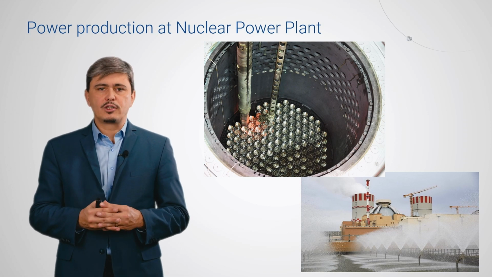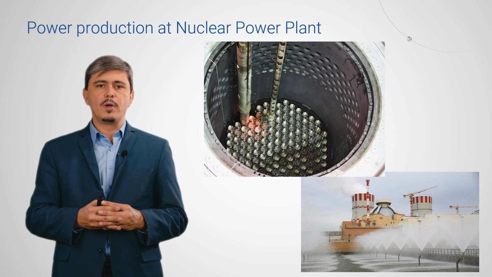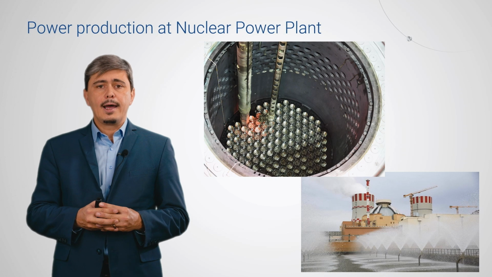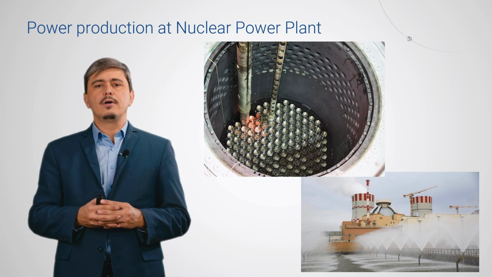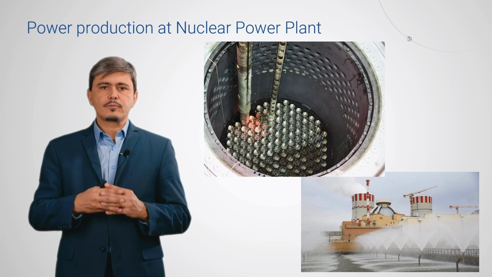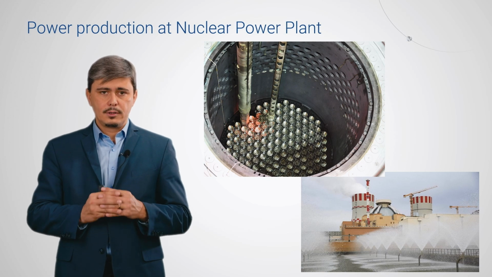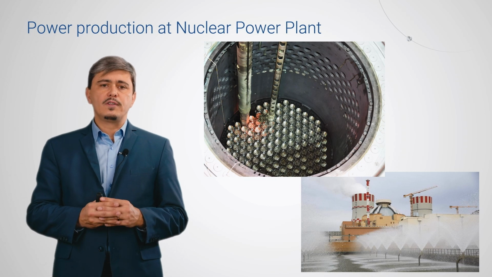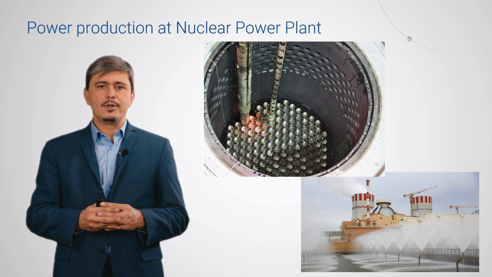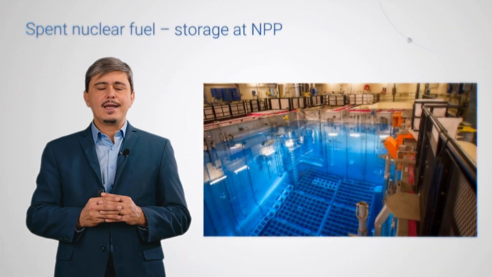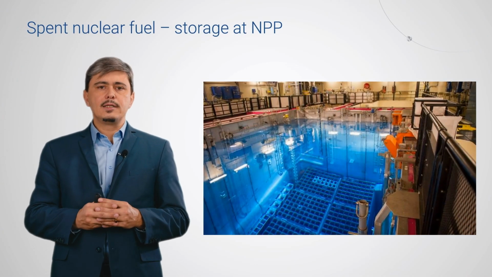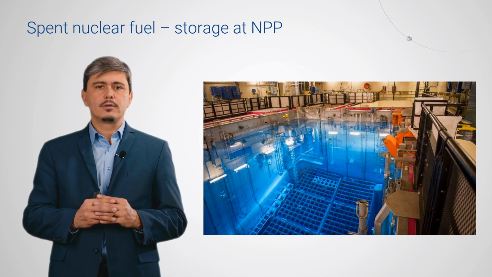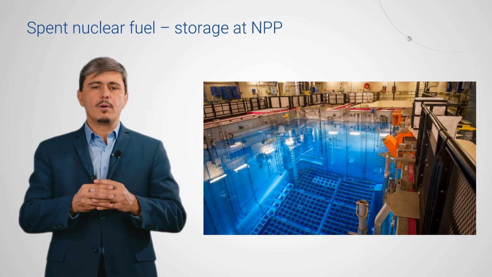First of all, after extraction from the reactor, of course, this fuel will be hot, because temperature inside of the core is rather high, and especially in fuel there is some thermal production after the stop of the chain reaction, after shutdown. So, first of all, this fuel should be stored for several years on the nuclear power plant itself, inside special basins or storage pools, inside the containment of the reactor vessel of a nuclear power plant.